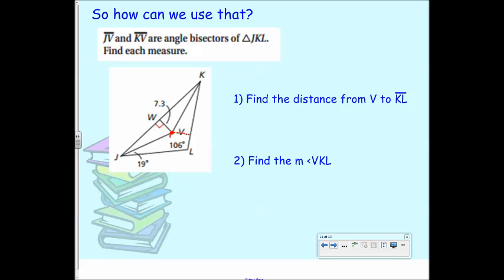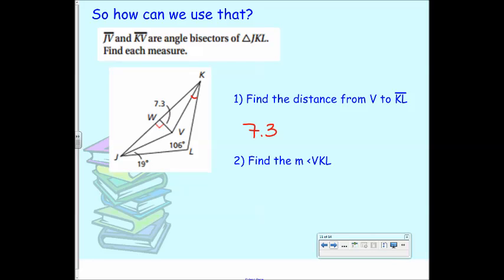So where is VKL? V's right there. K. L. So it's this one right here? Yes, VKL is this one. Well, I have no idea what that is. How can I figure it out?